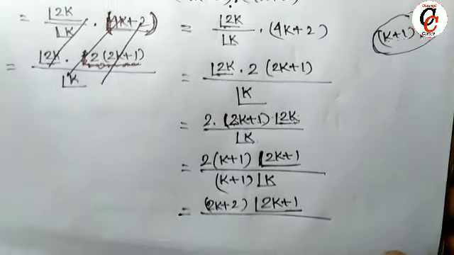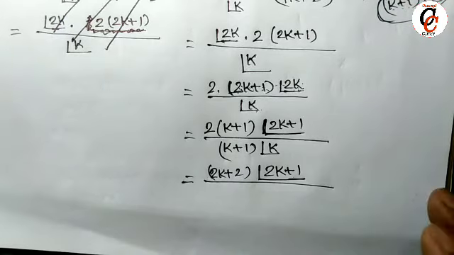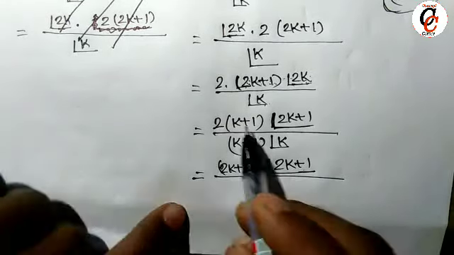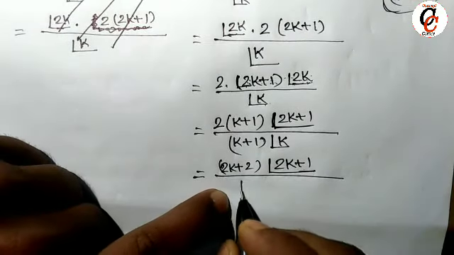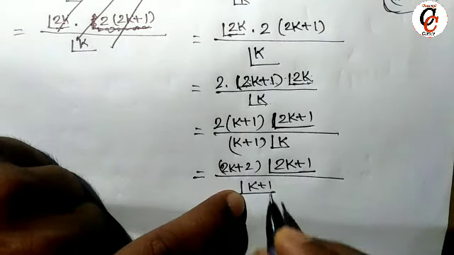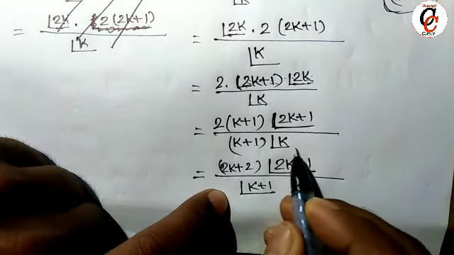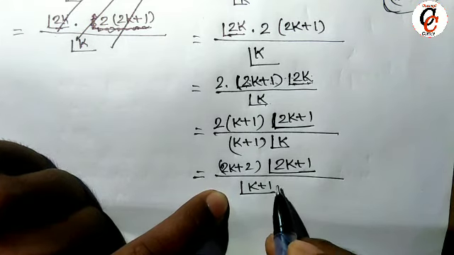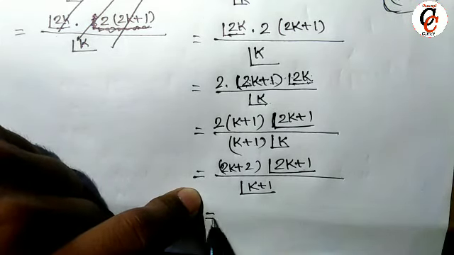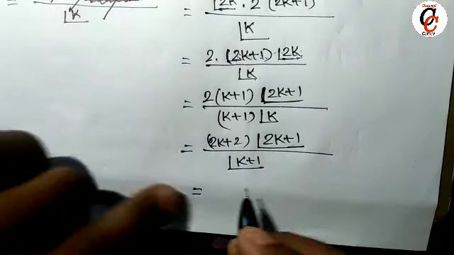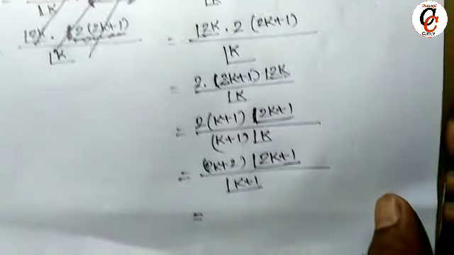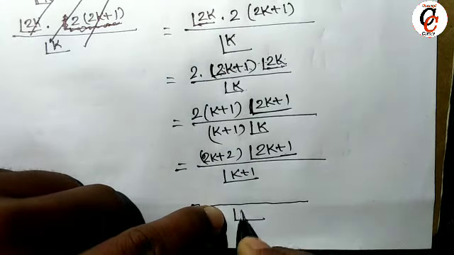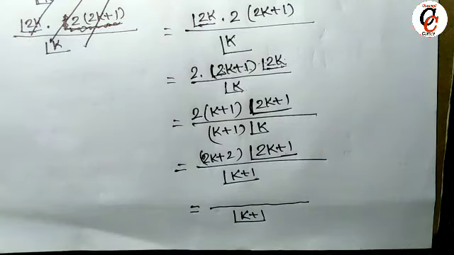And in the denominator we have achieved what we get, k plus 1 into factorial k, which is nothing but factorial k plus 1. k plus 1 into factorial k, it is nothing but what? Factorial k plus 1, yes. So in the denominator we get factorial k plus 1, it is solved.